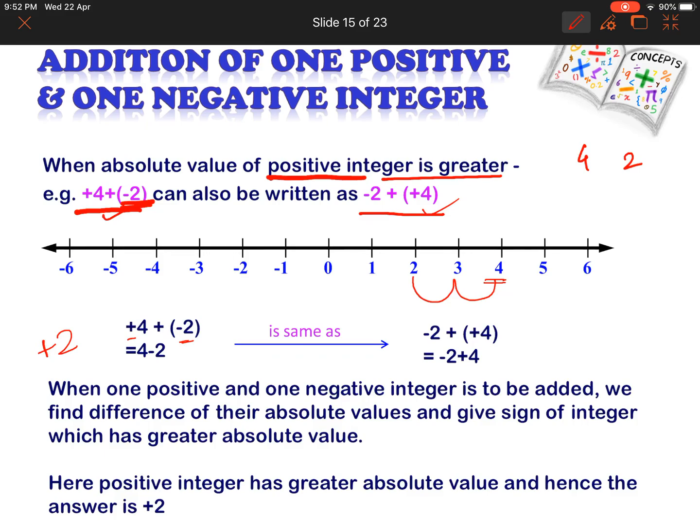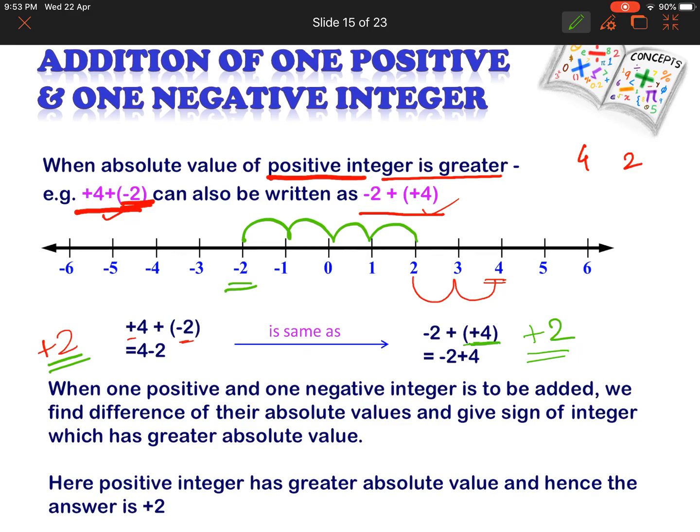Now, second way, that is minus 2 plus 4. When we add positive integer, we move towards the right on the number line. So we'll take minus 2 and we will move 4 places to the right. 1, 2, 3 and 4, which again gives us answer as plus 2, which is same as this, and this actually proves the commutative law of addition.